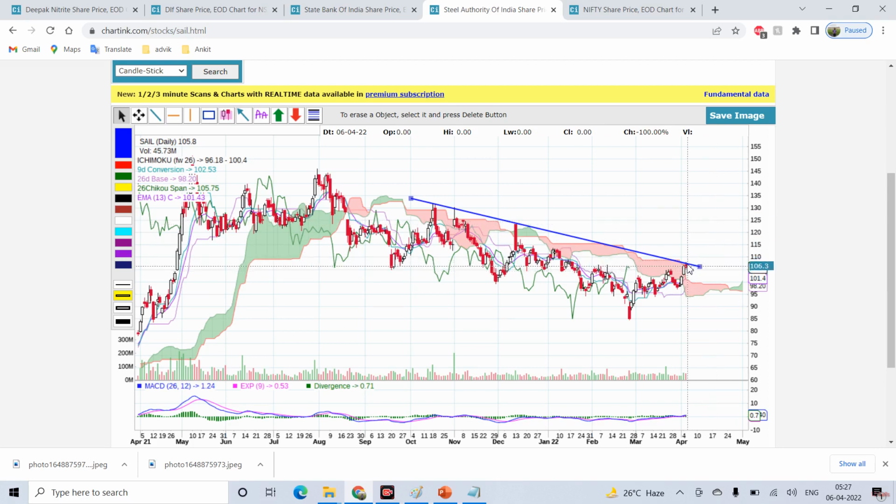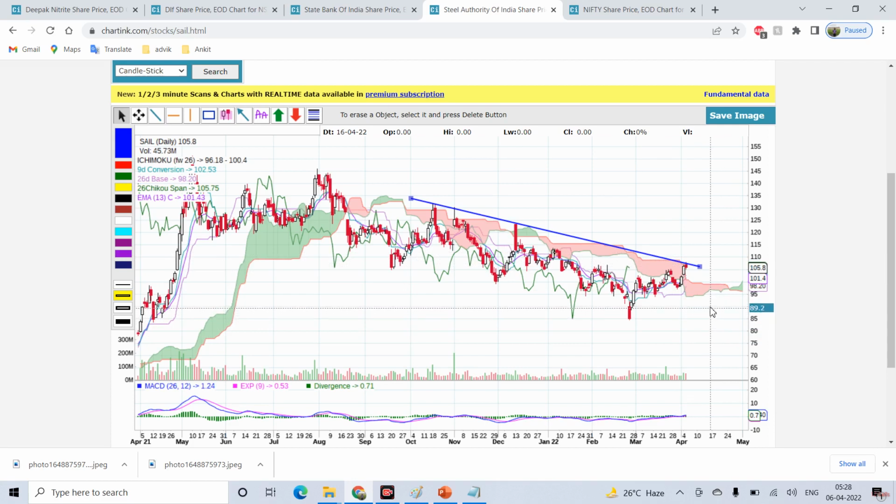In the same way, this trend is still not confirmed whether it's going down or up. A short side trader, as the trend is continuously down as of now, can short it here and keep a stop loss around 110 or 112, a few percent, and then trade for the downside.